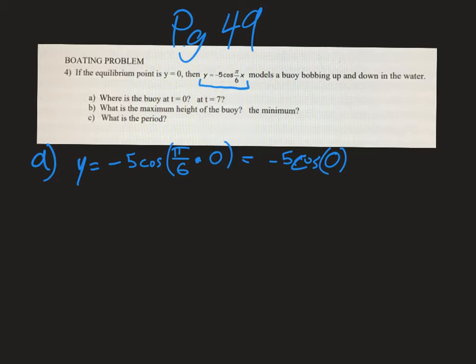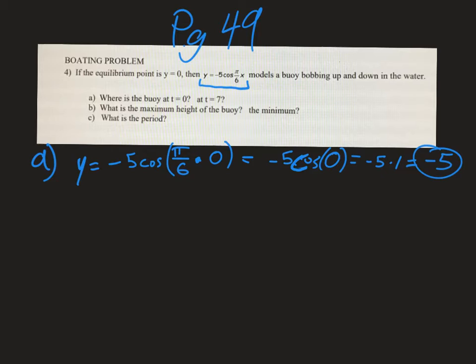This is on the unit circle, and we can find cosine 0 from the unit circle, and that tells me it is 1. So -5 times 1 is just -5. So at 0, the height of this buoy is going to be -5.